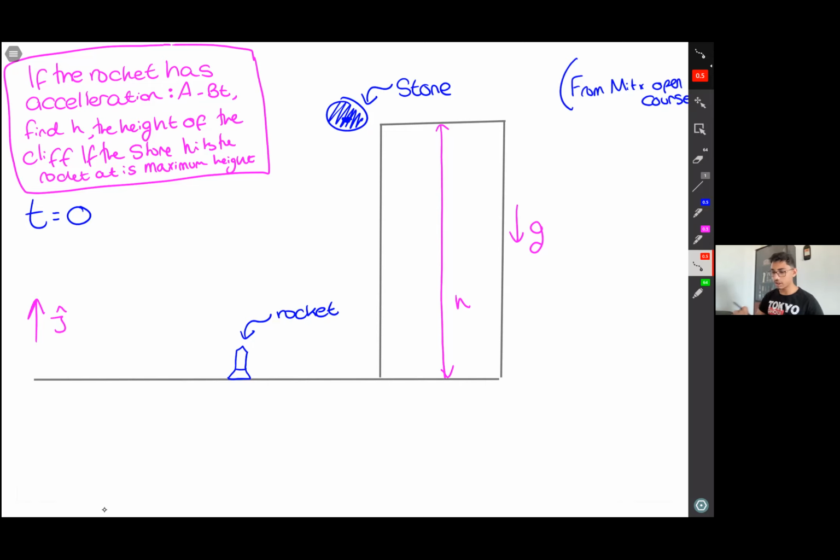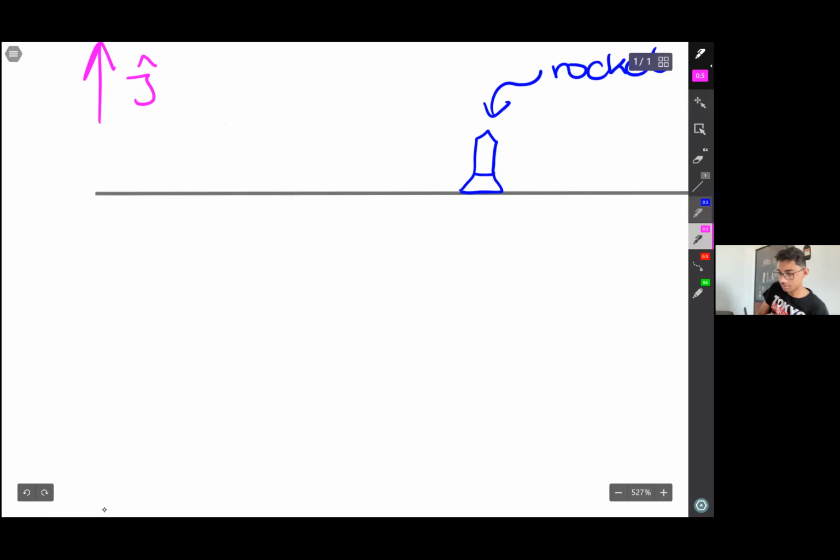So let's start off. Why don't we first find out what the position of the rocket is? Well, let's make a note to ourselves. So, note on how to find out position. Well, we know acceleration. So how can we get position from acceleration?